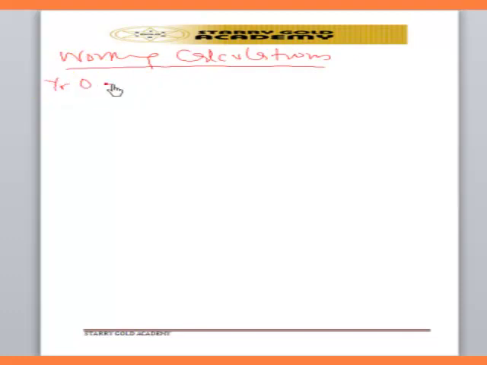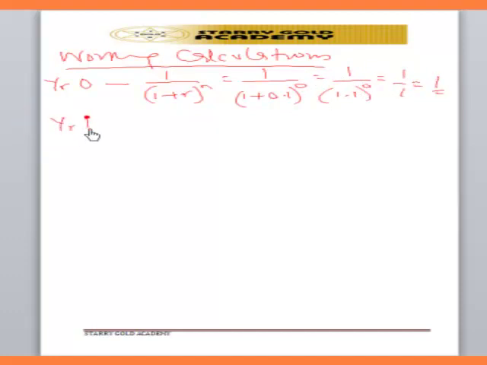For year 0, that will be 1 over (1 plus r) raised to the power n, which is 1 over (1 plus 0.1) raised to the power 0, that's 1 over 1.1 raised to the power 0, which is 1 over 1, and that is 1. Then for year 1, we have 1 over 1.1 raised to the power 1, and that's 1 divided by 1.1, which is equal to 0.9091.